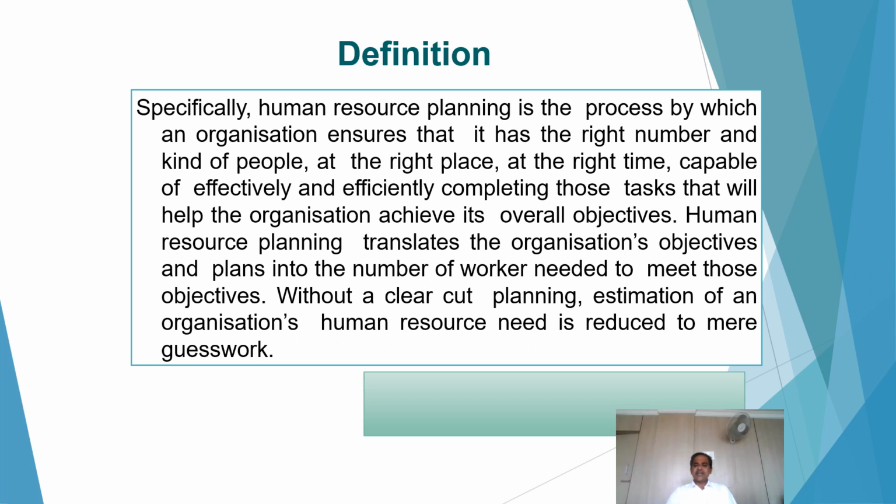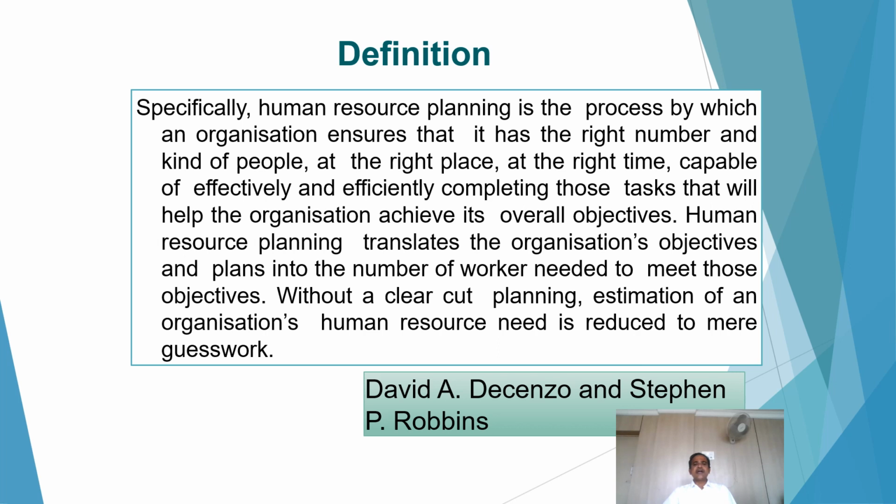This is a definition given by DeCenzo and Robbins. Human resource planning is defined as the process by which an organization ensures that it has the right number and kind of people at the right place at the right time, capable of effectively and efficiently completing those tasks that will help the organization achieve its overall objectives.